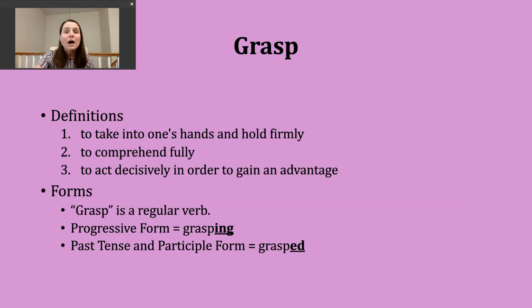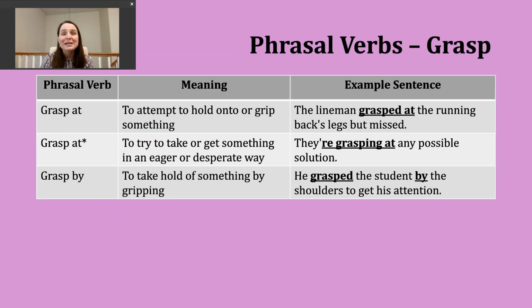Okay. Now, let's take a moment to look at some phrasal verbs that use grasp. One you might hear quite often is to grasp at. This can have a couple different meanings. One would be that someone is trying or attempting to hold on to or to grip something.